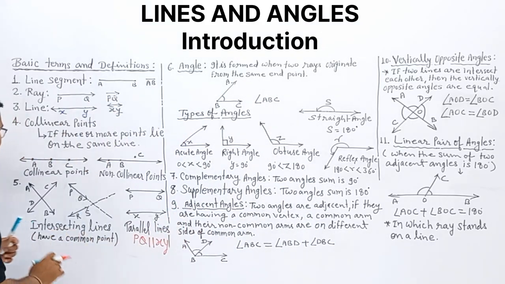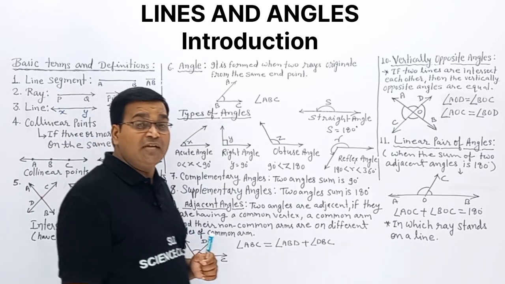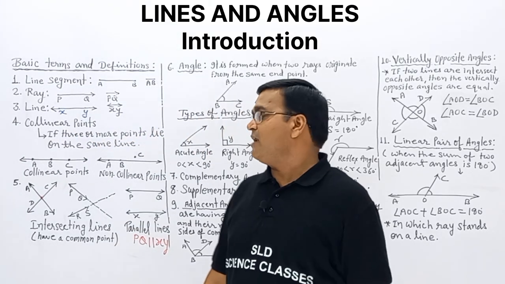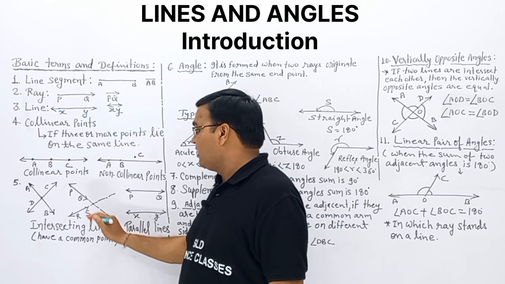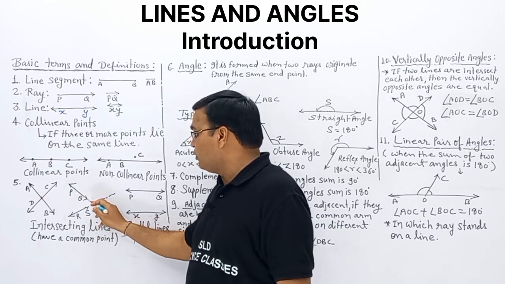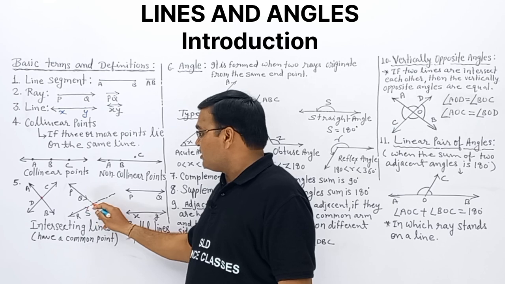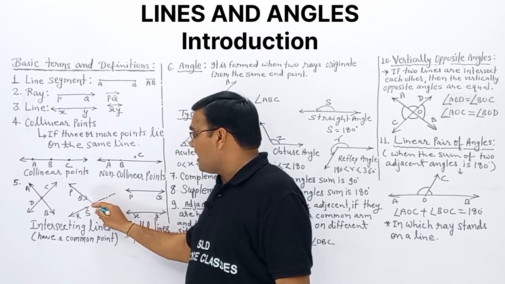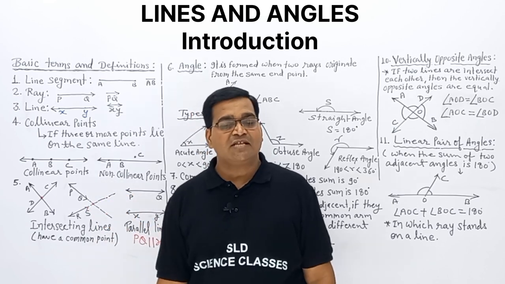Here AB and CD are intersecting. They have one common point where they cut. So intersecting lines have a common point, like PQ and RS. Once we extend PQ and this one too, they cut there. It means they are intersecting.